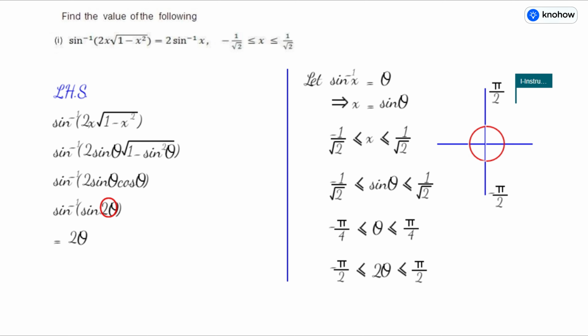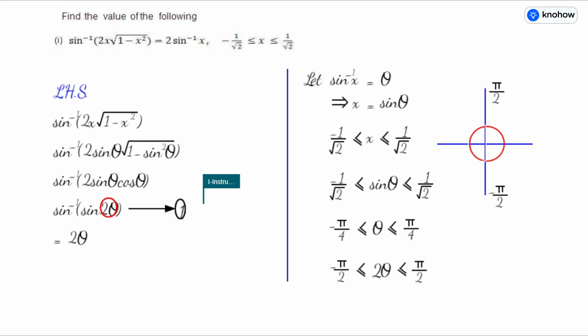And now come back to relation 1. As I told you earlier, sine inverse of sine theta is theta provided theta lies in the principal value branch. So presently the angle 2 theta very much lies in the principal value branch of sine inverse. Hence it is applicable.